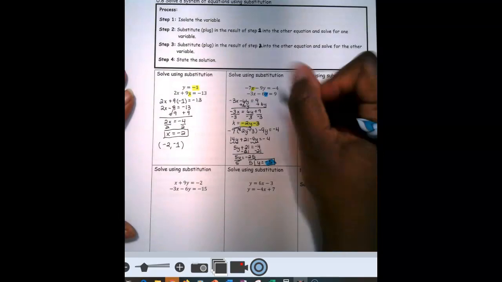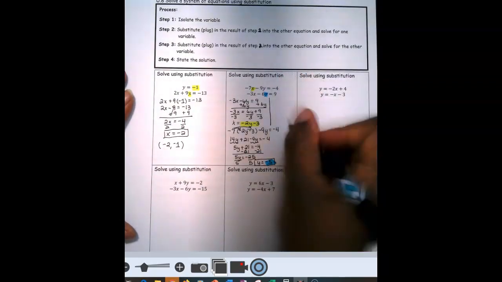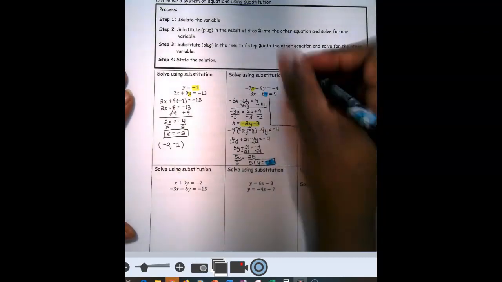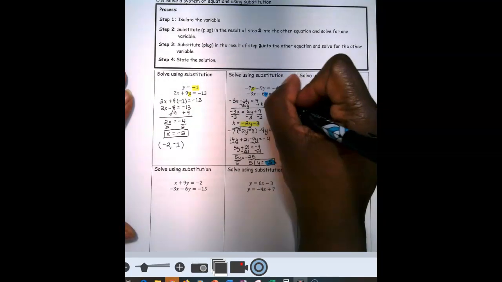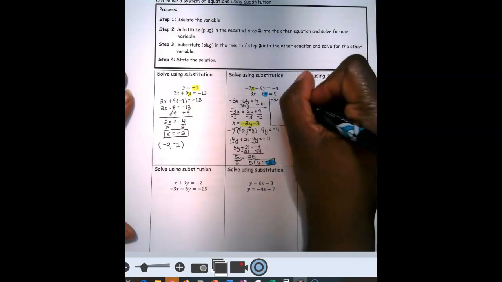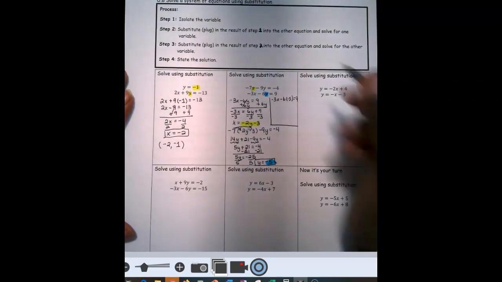So I'm going to put a little box right here. And I'm going to do negative 3x minus 6 times negative 5 equals 9.